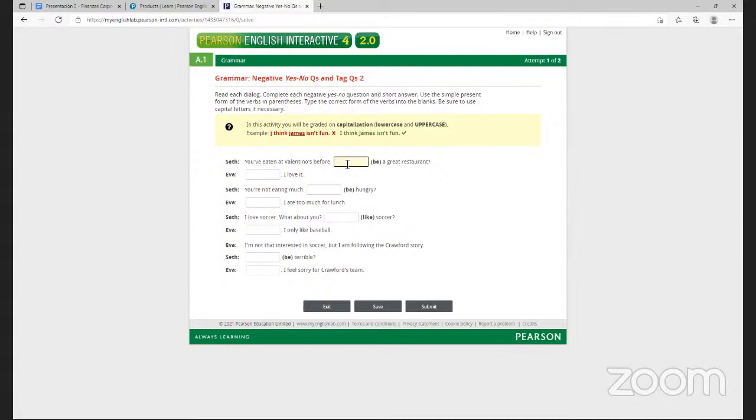No, because you have to use the verb to be. Try to see the complement: a great restaurant. So I need to ask about one restaurant.